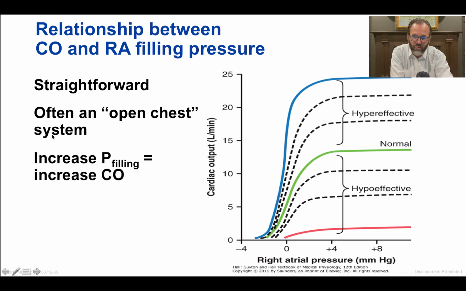this is an open chest system, and if you increase filling pressure, which is the height of that reservoir, you'll be increasing cardiac output, and that's shown here relatively straightforwardly. So if you start out with the right atrial pressure, which is normally around 0, you can see that you've got the normal cardiac output right around 5 liters per minute, as we discussed.